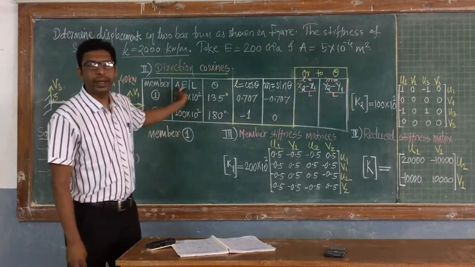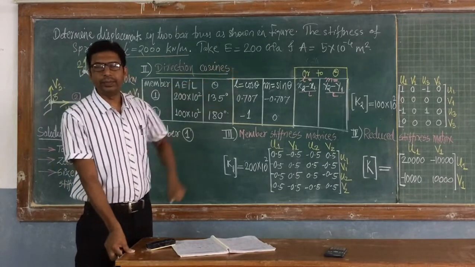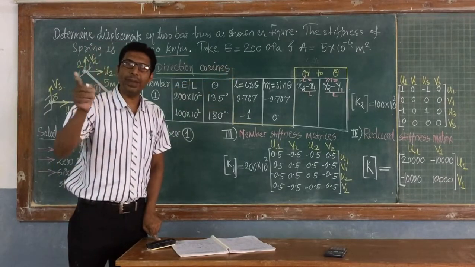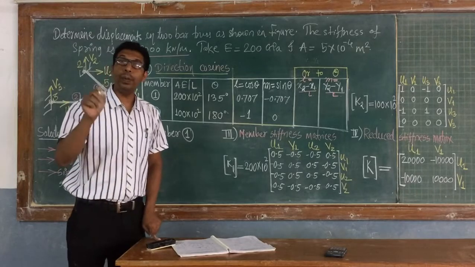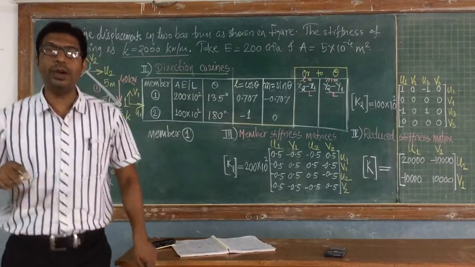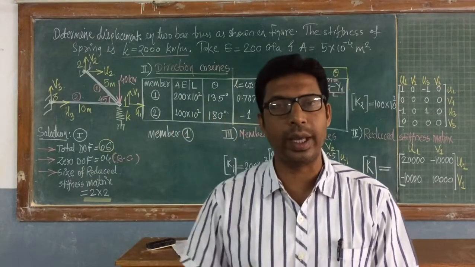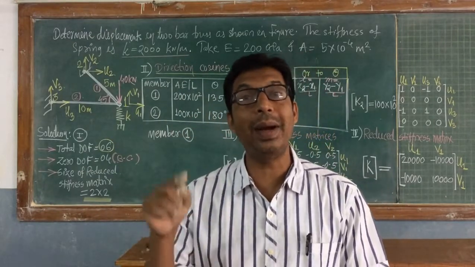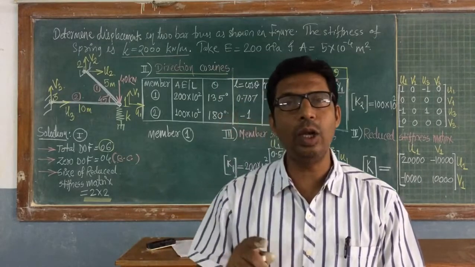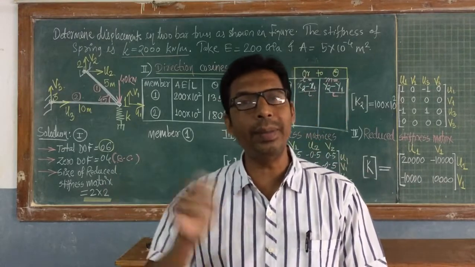Now E is given in GPa. So we have to convert that GPa into kilonewton per meter square. GPa means kilonewton per mm square, and now we have to convert that into kilonewton per meter square. It means 200 multiplied by 10 raised to 6 is the value of E in kilonewton per meter square.